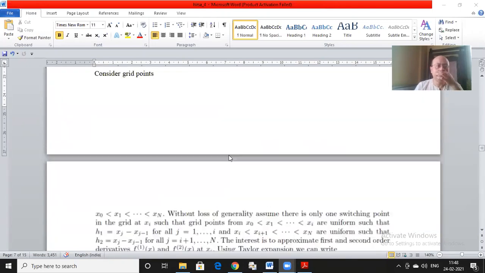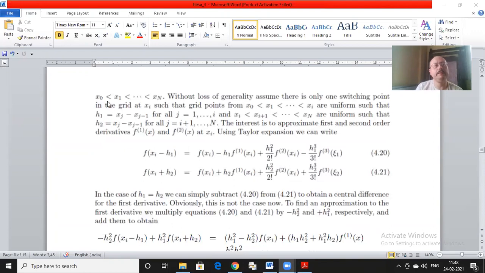Okay. So consider the grid points x0 to x capital N. Now we are going back to chapter 3. We are talking about the general notation starting from the Taylor series approximation, but Taylor series with non-uniform spacing. Suppose, without loss of generality, I just have two regimes. I have one switching point in the grid at xi.